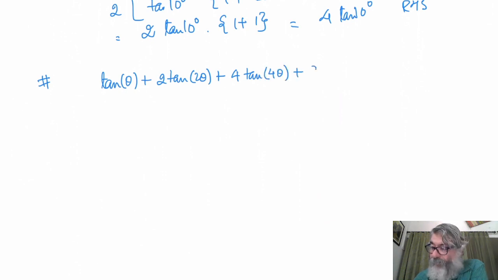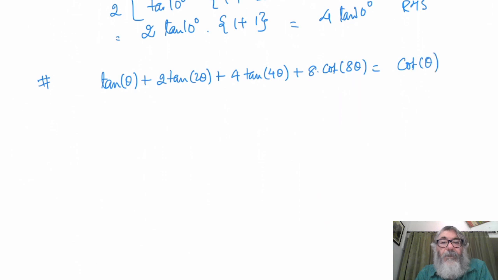We have to prove this. It's coming a little slow, so don't mind it. Now what we are going to start with is the last step. I'm going to start with the last step.